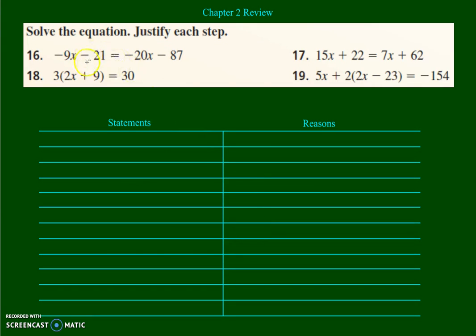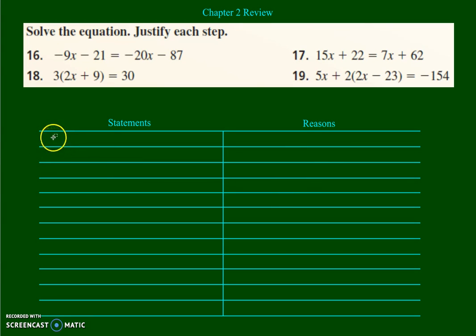In problems 16 through 19, we're being asked to solve each equation and justify each step using properties of equality and whatever other properties we need to do. So I've got this two-column table here where we put statements on the left and the reasons for those statements on the right.